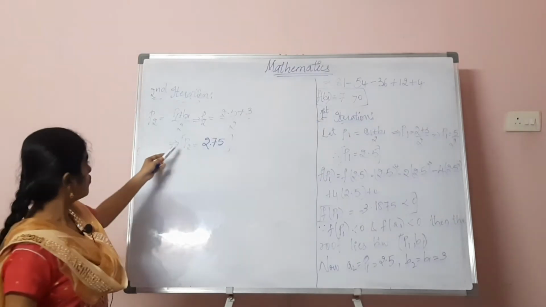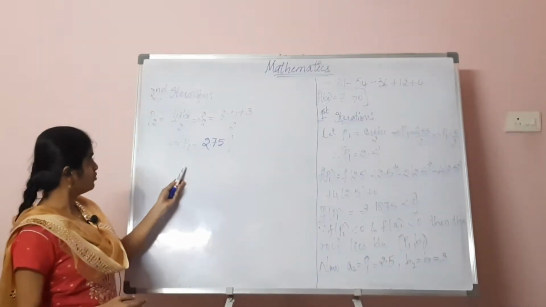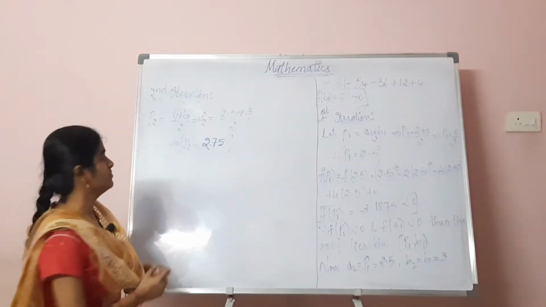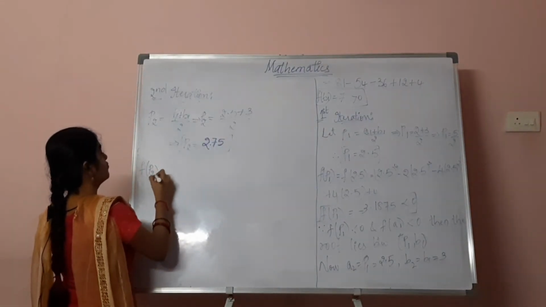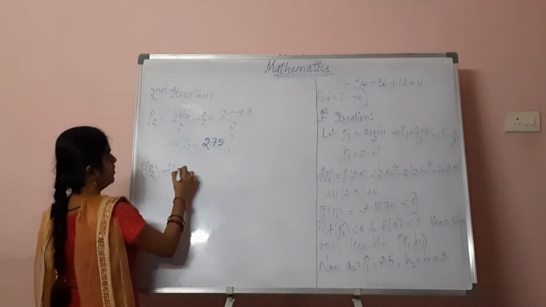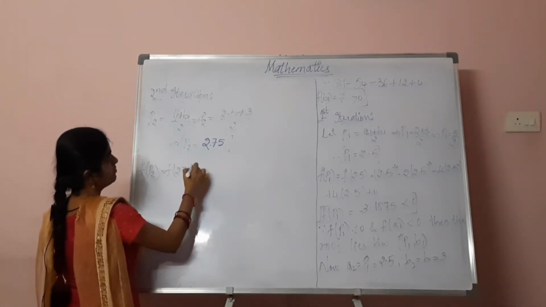In the same manner, how we have done in the first iteration, like that only we have to take iteration number 2 also. We have to substitute this P2 value in the given equation. So let us substitute now. F of P2 equals to f of 2.75.